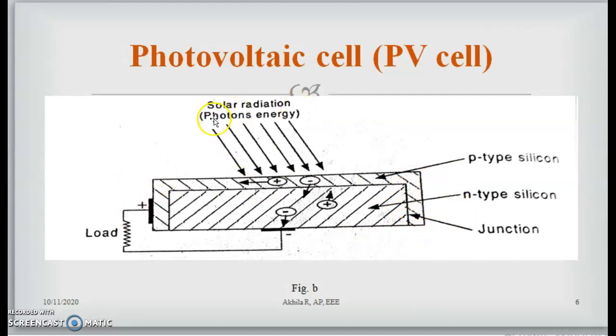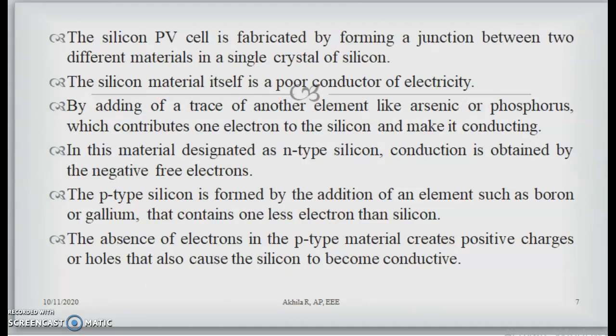And as the solar radiation falls on this, there is generation of electron hole pairs, and this electron hole pair generation causes this p-type silicon to possess positive charge, and the n-type silicon possess negative charge. And once you connect an external wire along with the load, you have the flow of electricity. This is more described in the coming slides.